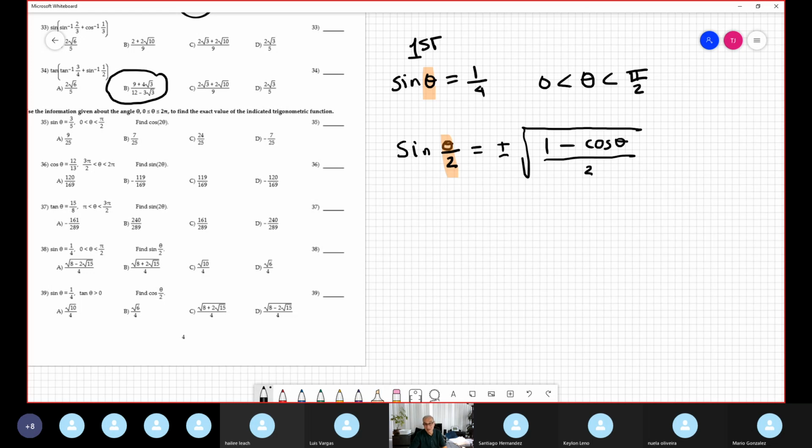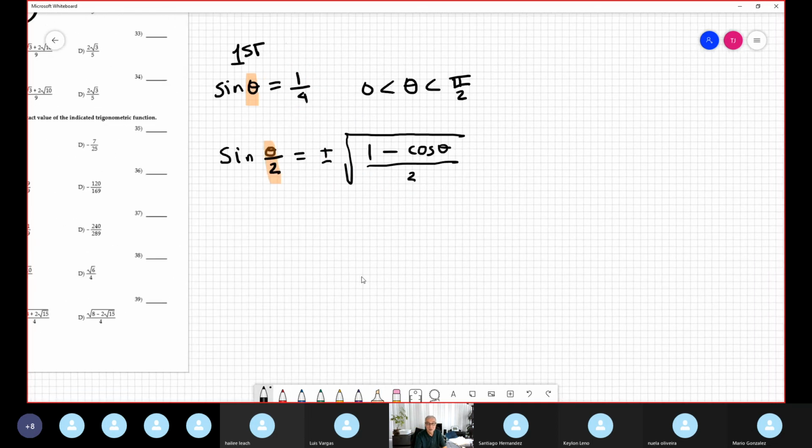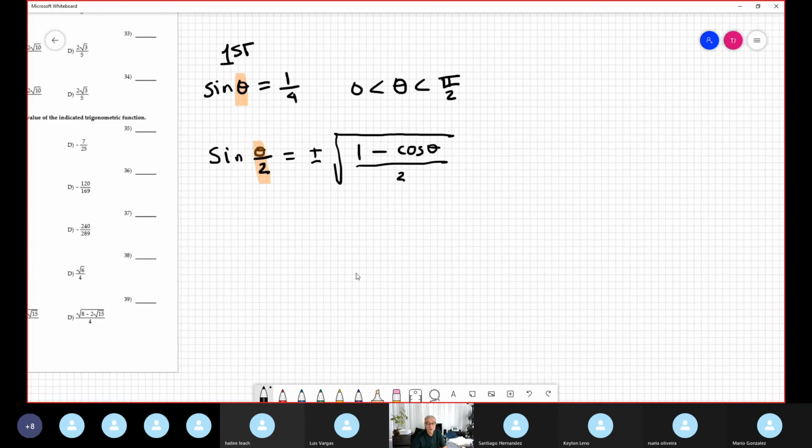The half angle, si es smaller, divided by 2, I suppose que lies also in the first quadrant, but okay, in order to see it more clearly, you take this inequality and divide it by 2. 0 divided by 2 is 0, and theta over 2, and pi divided by 2 is pi over 2, right? So my theta angle lies in the first quadrant.